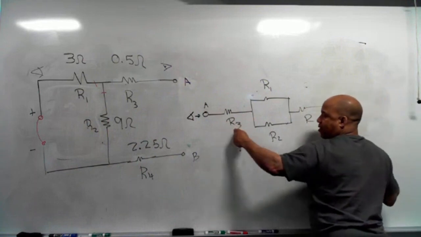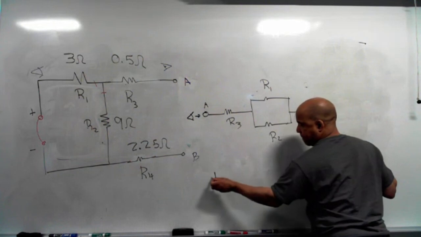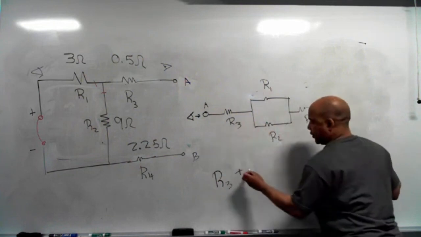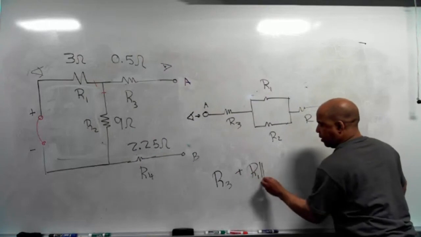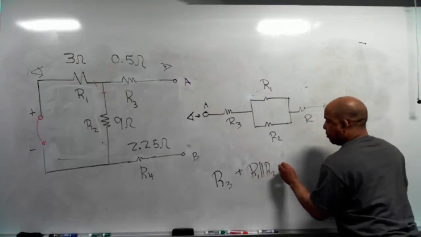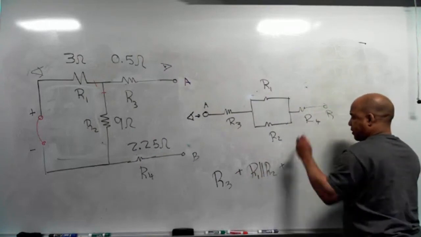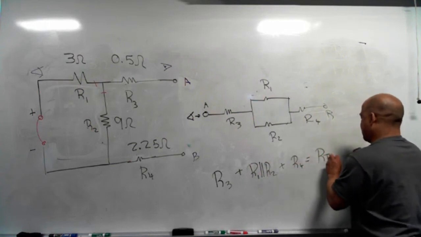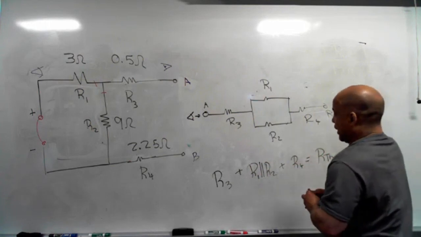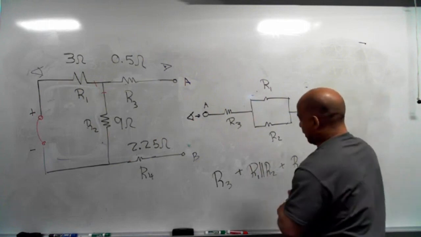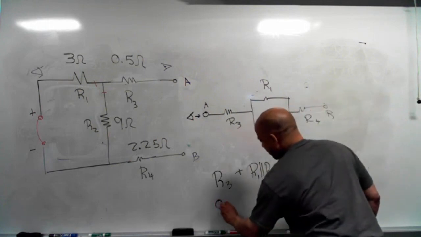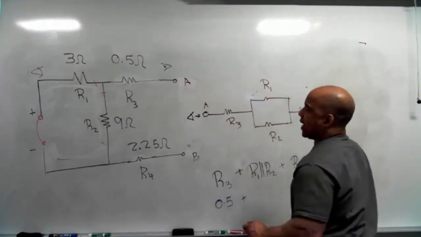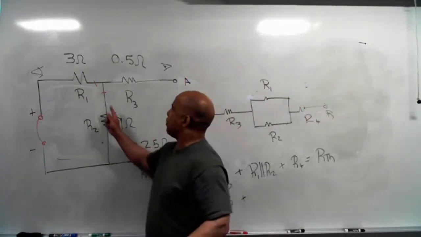So looking in there, you got R3 plus this, which is R1 in parallel with R2, plus what's left is R4. That'll give you RTH. Put my values in. R3 is 0.5. I got 9 parallel 3.